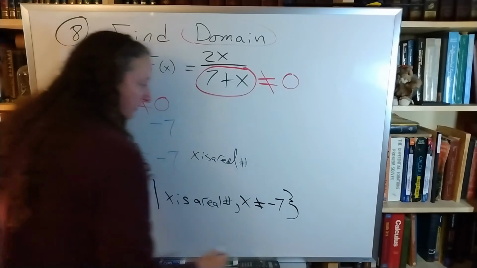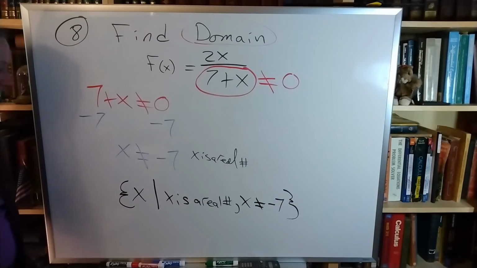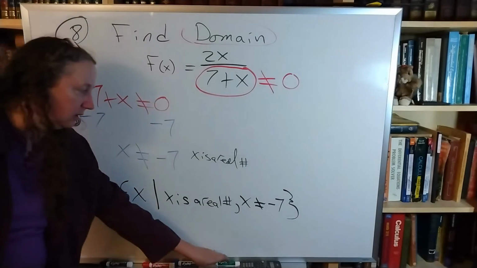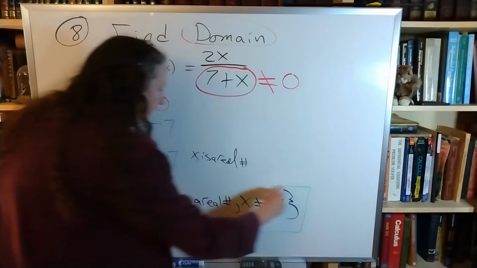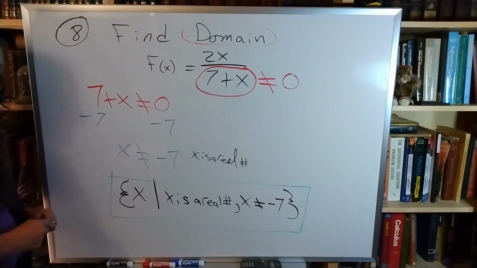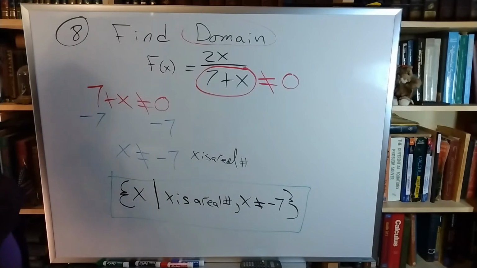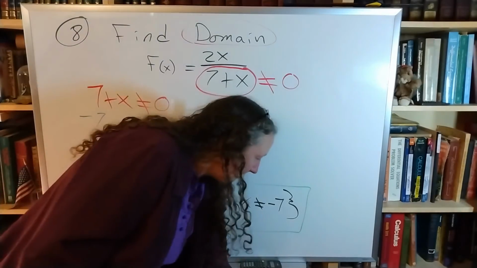Close your set parentheses, your curly braces. So this last answer here is correct no matter what type of teacher you have, if the teacher is looking for set notation. That was 8.